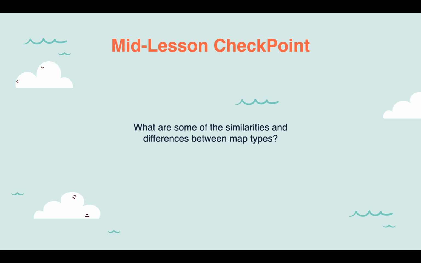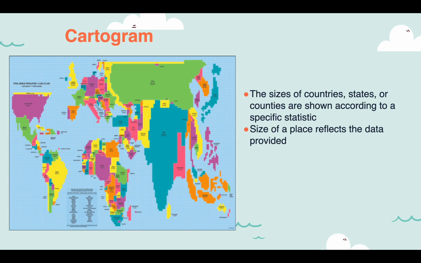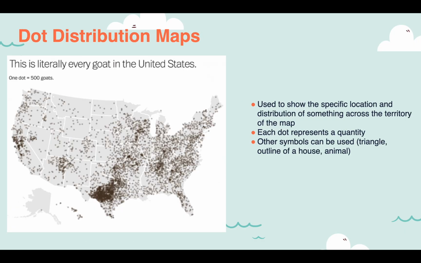So, as an example, if we go back to the dot distribution map, so this is all the goats in the United States. This map does a really good job of showing the density of where all of the goats in the United States are located. By looking at this map, you can tell that Texas has a really large portion of goats.